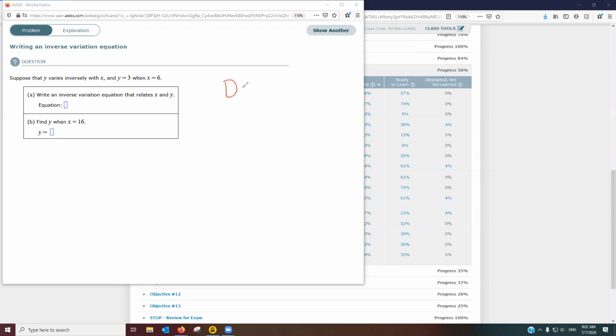There's something called direct variation. Direct variation means as one quantity increases, another quantity increases as well. And we write that as y equals k times x. An example of this might be the more hours you work at your job, the more money you earn. That's an example of direct variation.